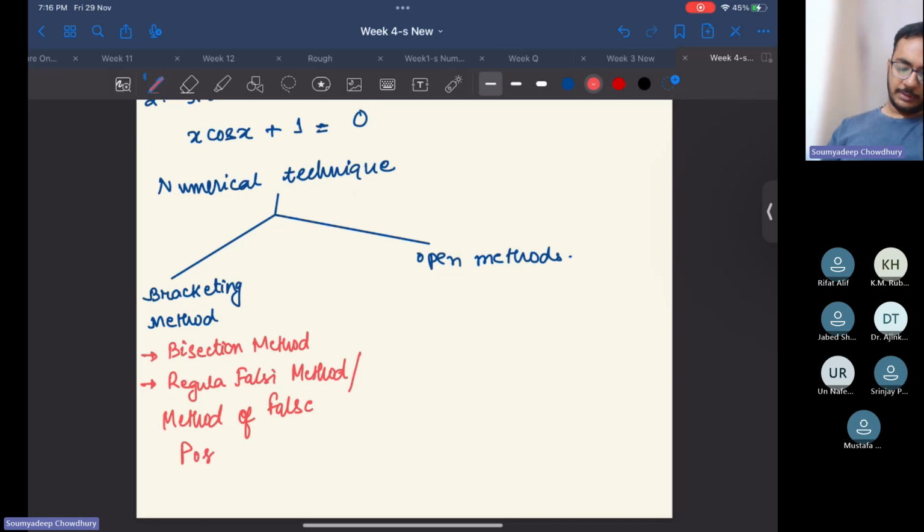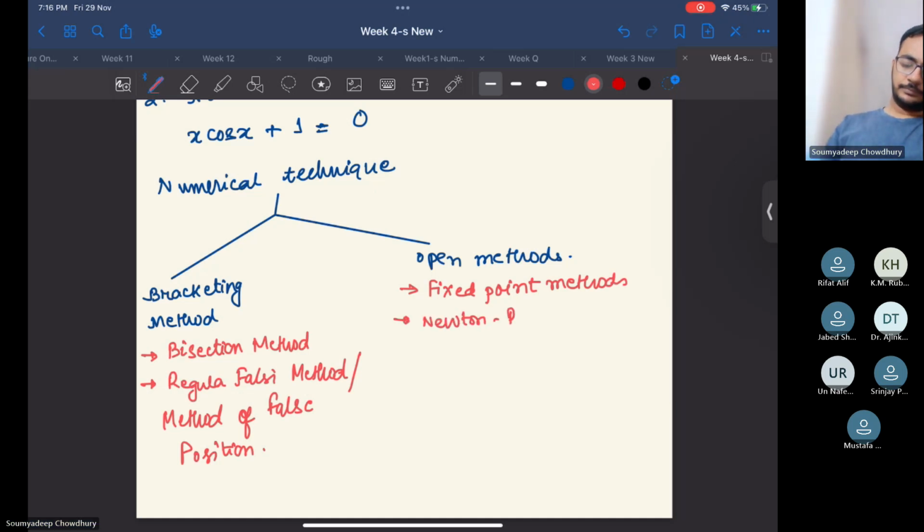We'll see each of these methods in detail. In the open methods, we have the fixed point methods, then we have the Newton-Raphson method, and we have the secant method.